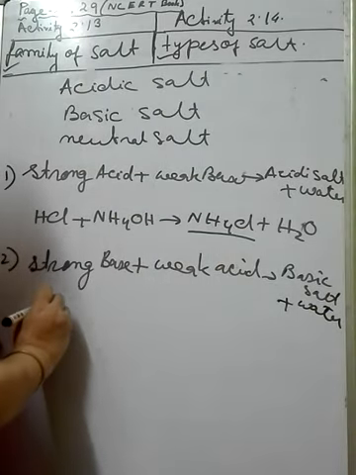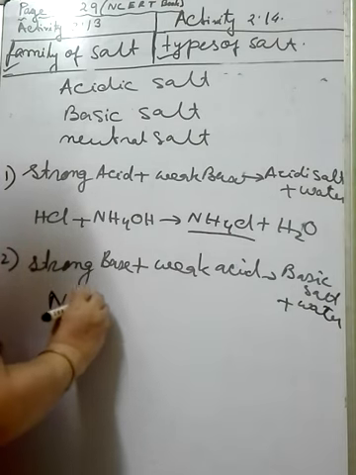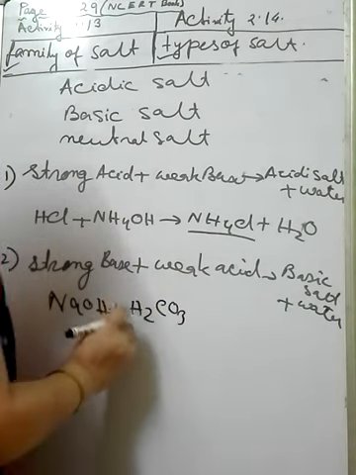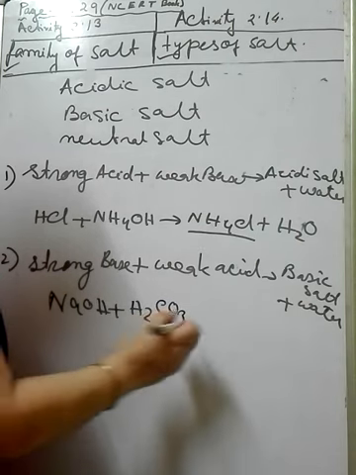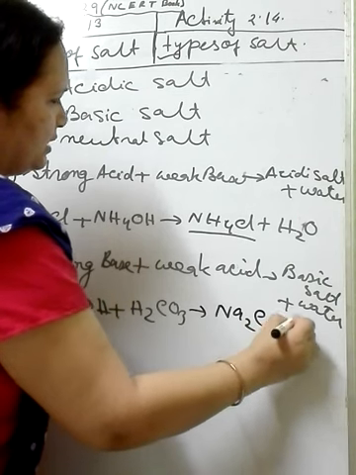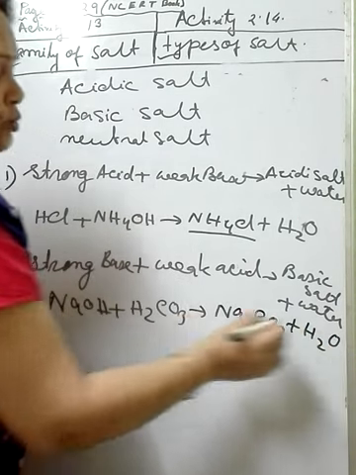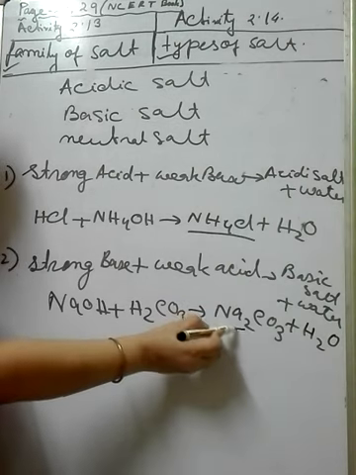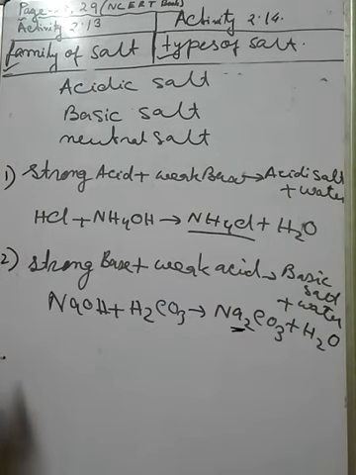For example, a strong base, sodium hydroxide, combined with carbonic acid. H2CO3 is a weak inorganic acid. Combined with carbonic acid, it forms sodium carbonate and water. So this is the example of a basic salt.